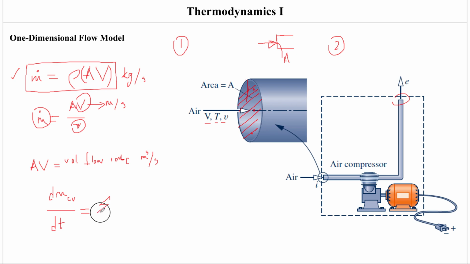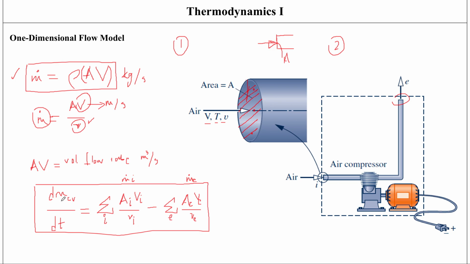If I was looking at multiple inlets and outlets, then I could replace m dot i by this expression, in terms of the area of the inlet times the velocity at the inlet, divided by the specific volume of the fluid at the inlet, minus, again, the summation of mass flow rates at all the exits, m dot e, which I can replace by the area of the exit multiplied by the velocity at the exit divided by the specific volume of the fluid at the exit. So then I could use this equation as well.